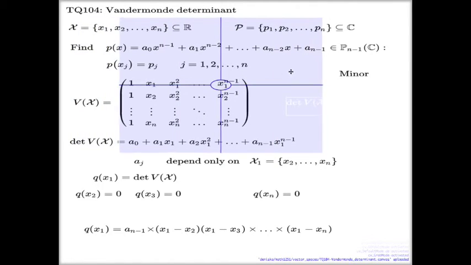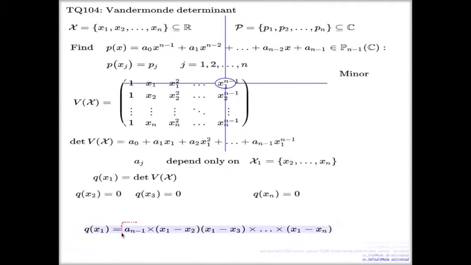So what about this? Let's look back at this term, which is a minor associated with this element. So it's a submatrix. Submatrix is a good term, by the way. How can we describe this submatrix or minor? If you look closely, you will realize that's another instance of the Vandermonde determinant.